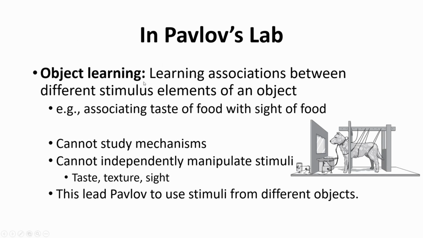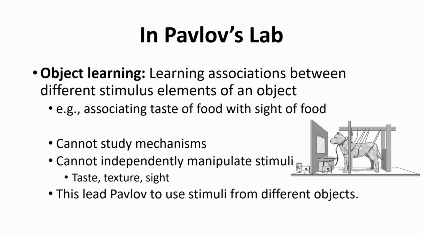Because of this object learning, everything is all about the same item, and we can't really get a good study of the mechanisms because we can't really pick apart which property is driving that association. If we can't separate them, we can't independently manipulate our stimuli. So you can't dissociate the texture from the taste in a piece of food.